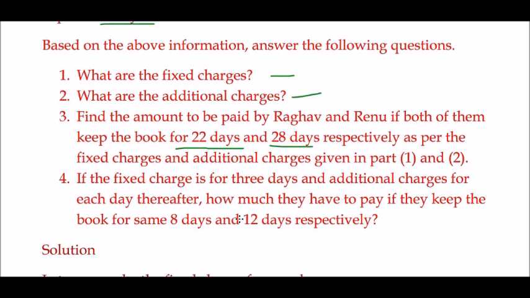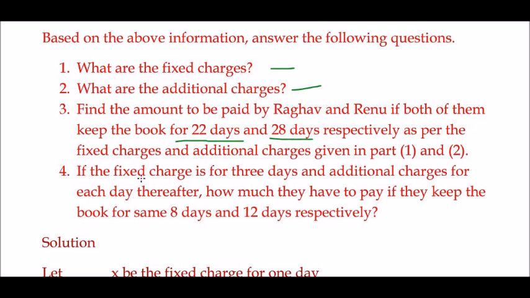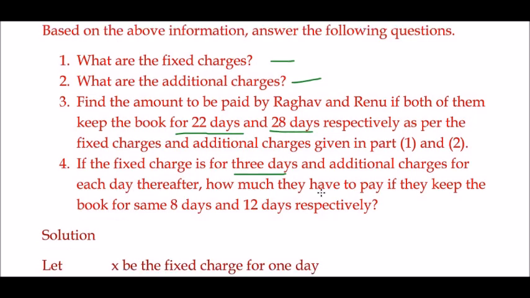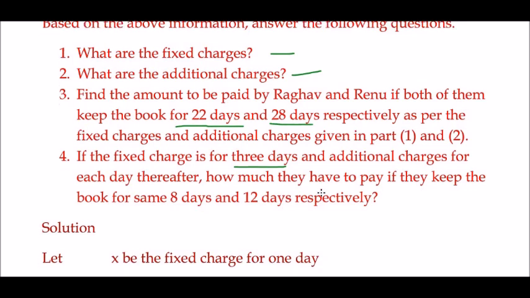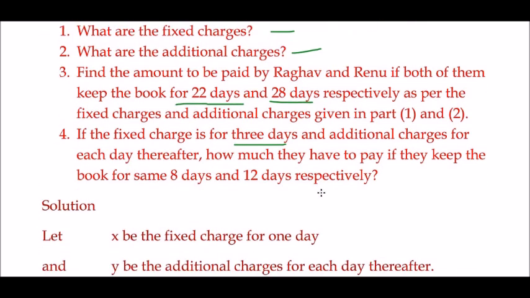Question number 4. If the fixed charge is for 3 days and additional charge for each day thereafter, then how much they have to pay if they keep the book for the same 8 days and 12 days respectively.